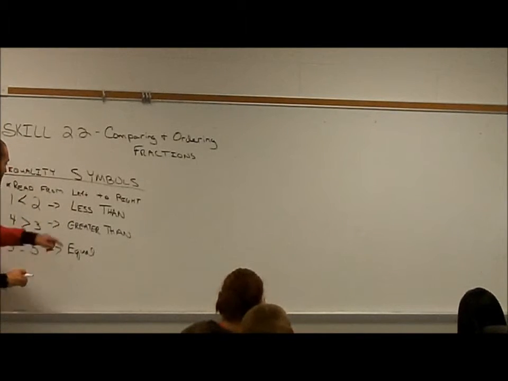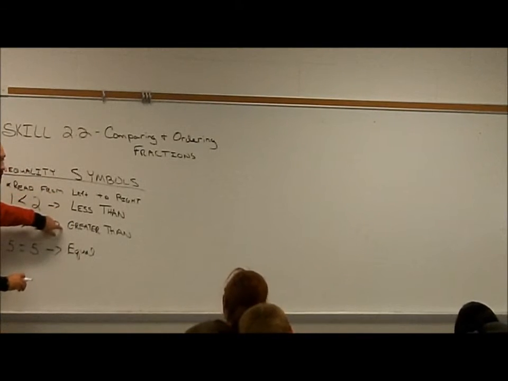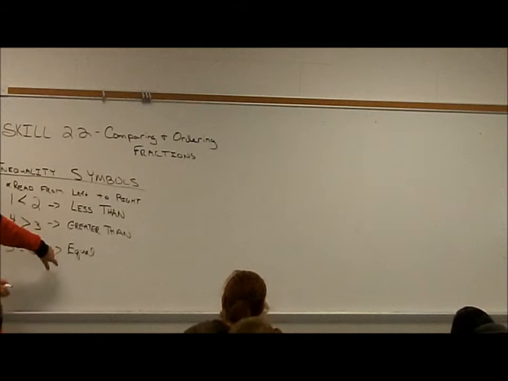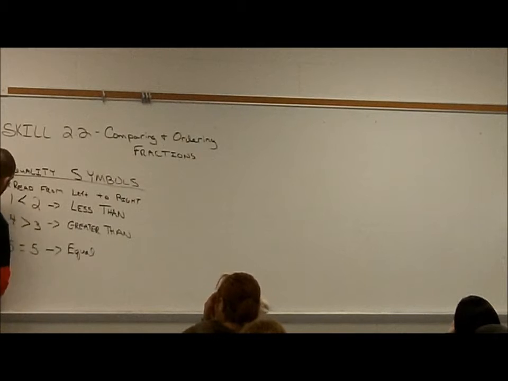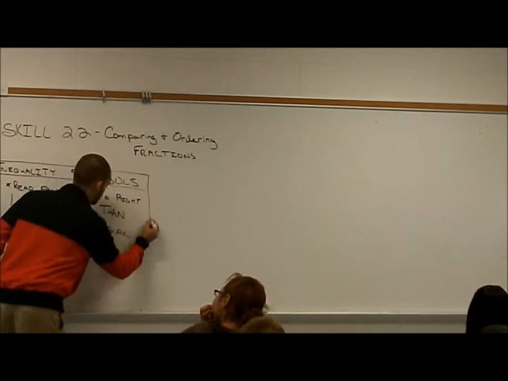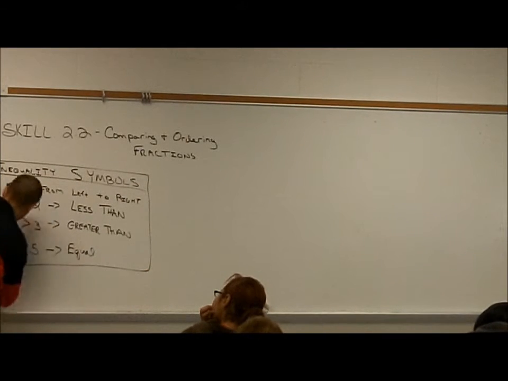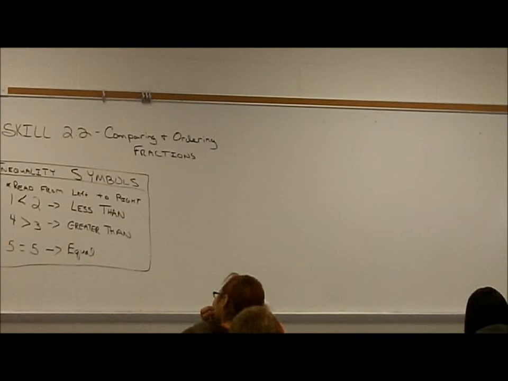It's either going to be less than, greater than, or equal. Right? Good. That's how we compare. We use inequality symbols. I'm going to box this off just for the help. Okay? Good.